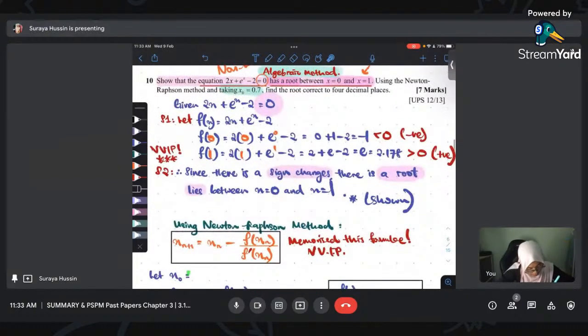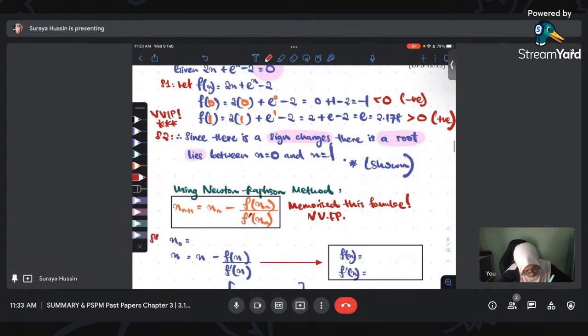So x0, actually you don't have to let it. This is given. So step yang pertama, given x0. Given x0 is 0.7. Okay, 0.7 is given to you. This is your first approximate.